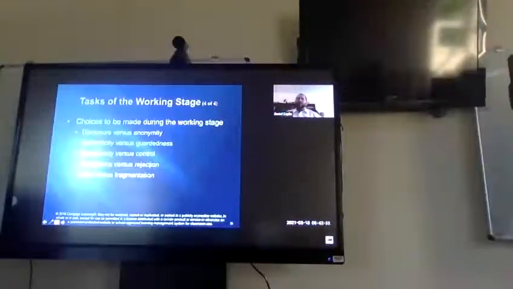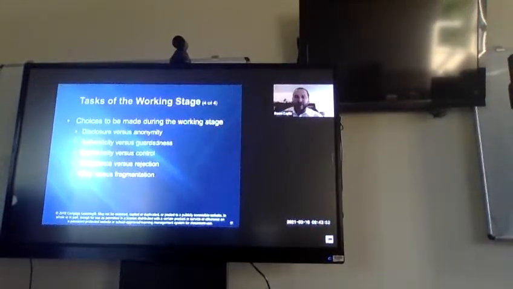So we have a choice, right? There are decisions that people are making as members of the group. The first one is whether to share or not share, whether to self-disclose or whether to remain anonymous, right? So when people speak up in a group, they're taking a risk. That requires a sense of trust.